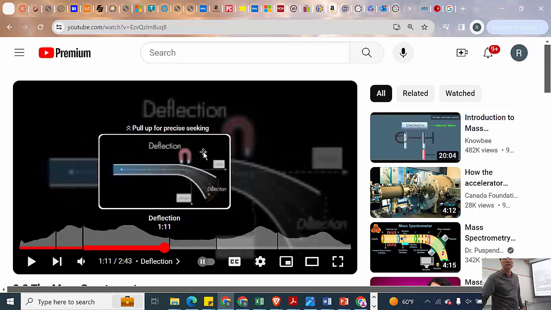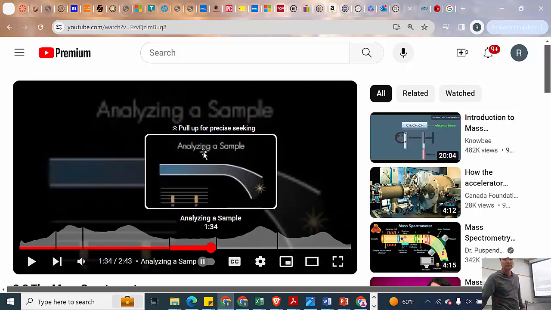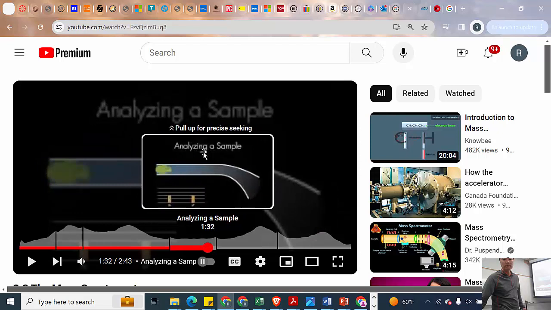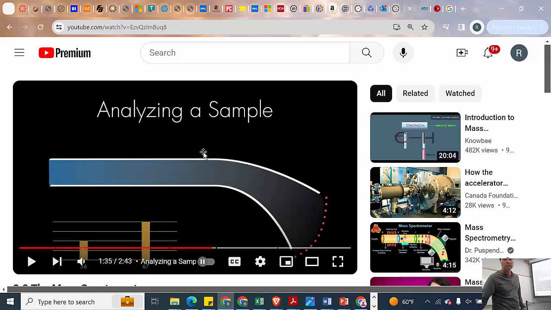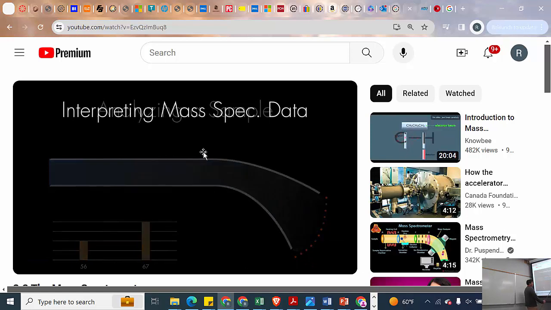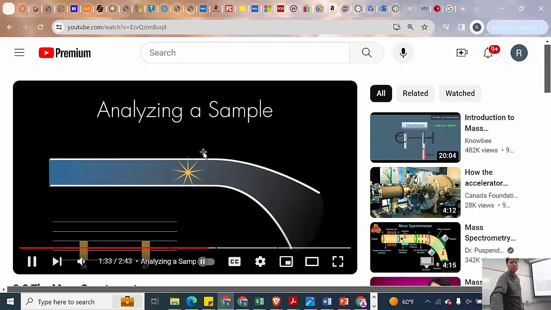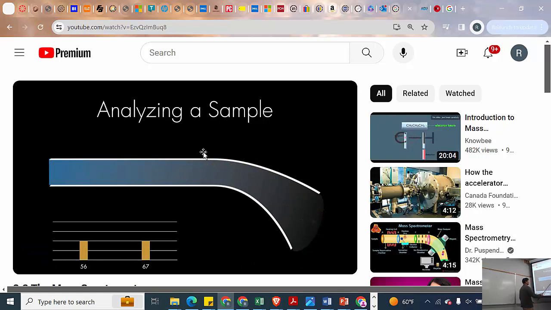And so let's take a look at an example here of analyzing a sample of a particular element. When they introduce this element here, this is the mass spectrum. So this is what they're seeing at the detector. And depending on how many strikes, each time it strikes, then one of the peaks will grow.